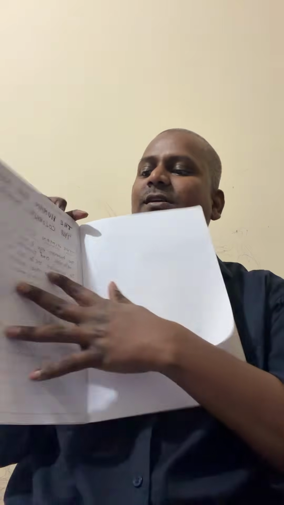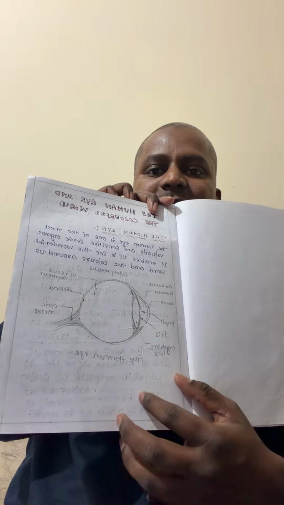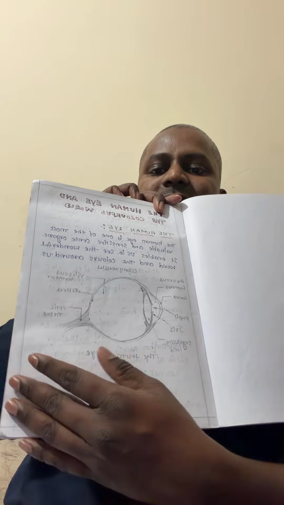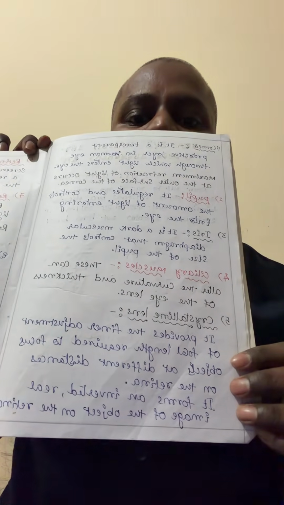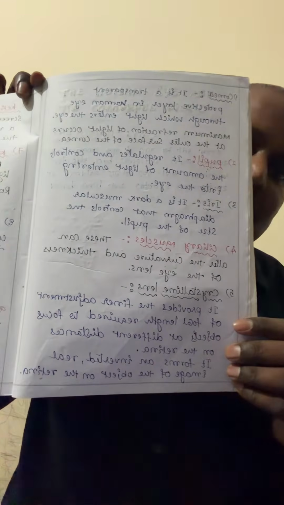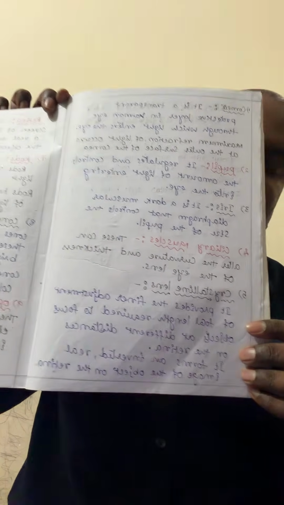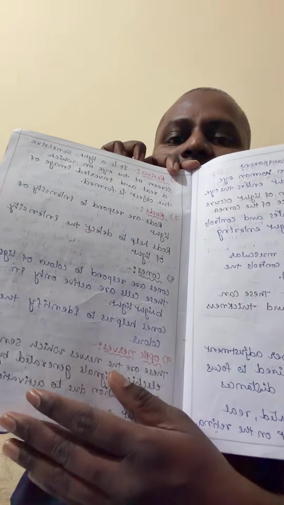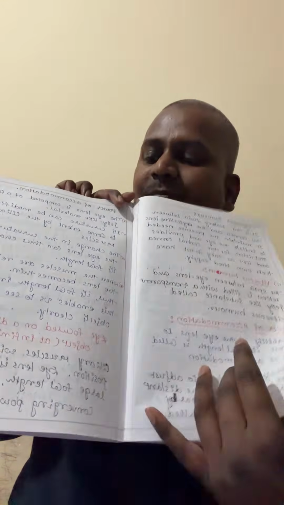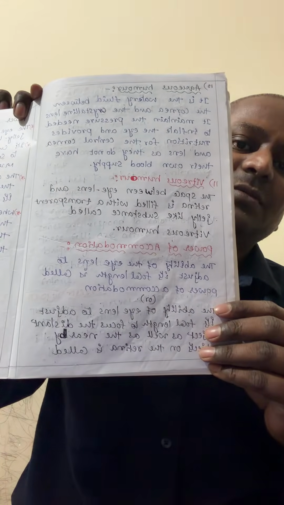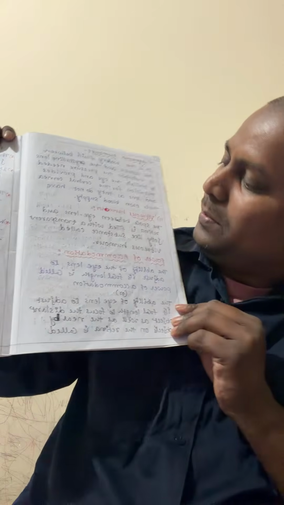Right from the diagram onwards: human eye parts and function. After that, you can check all the points about parts and function. Here I also wrote all the points: rod, cornea, and power of accommodation.